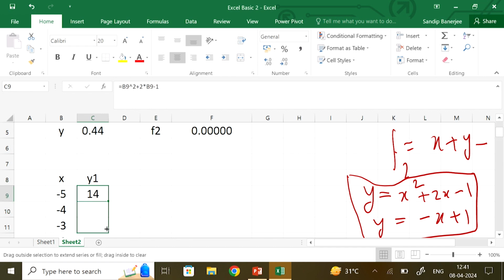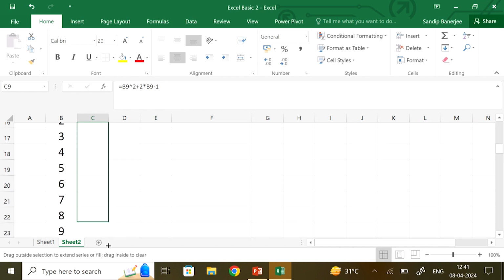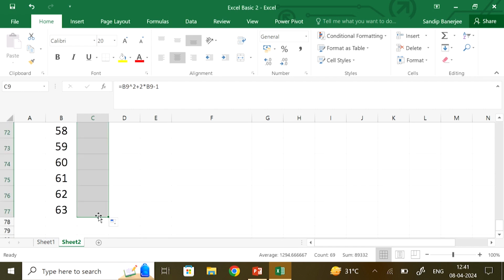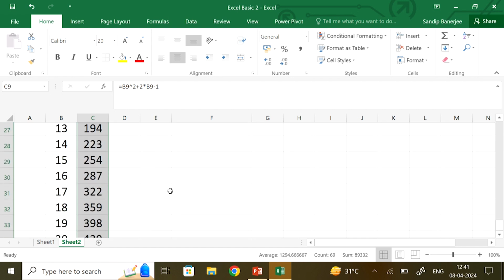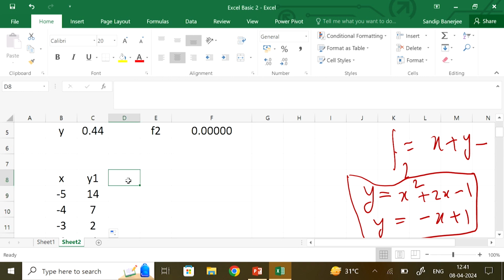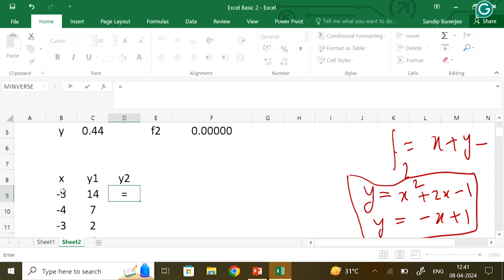So, you just drag it up. And your y2. So, y2 is equal to minus x plus 1.